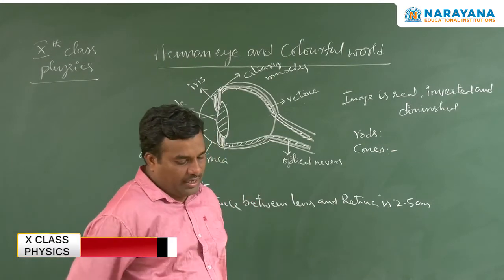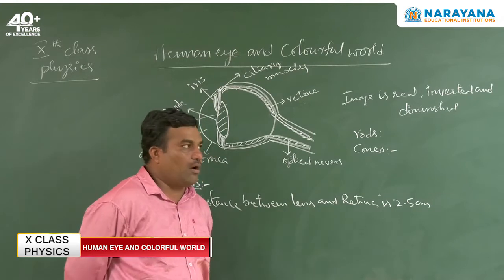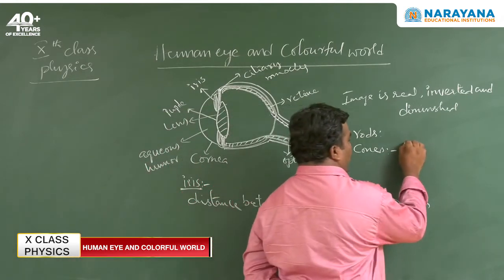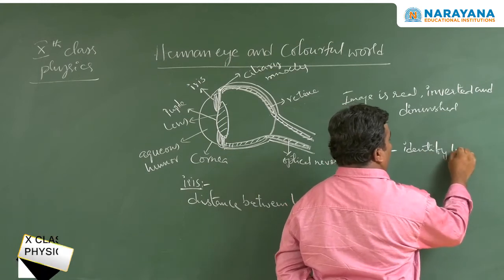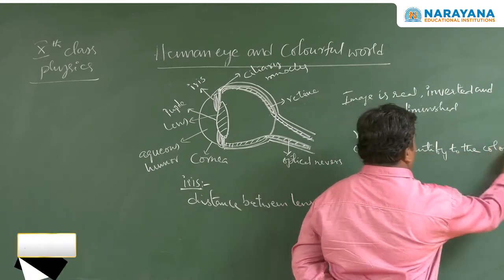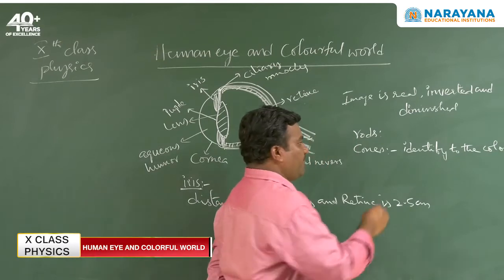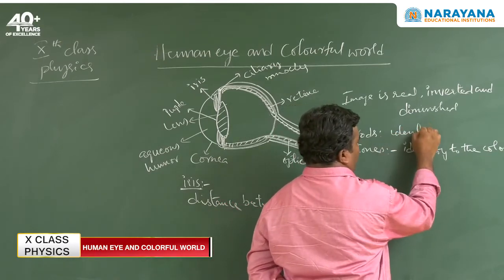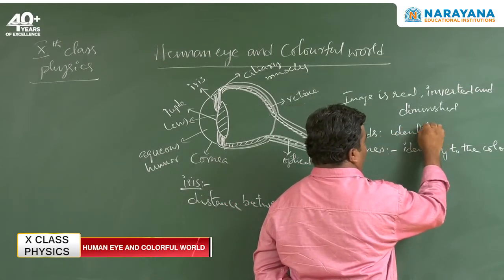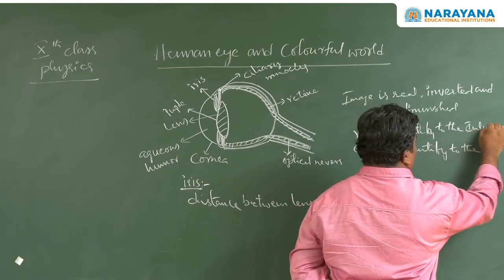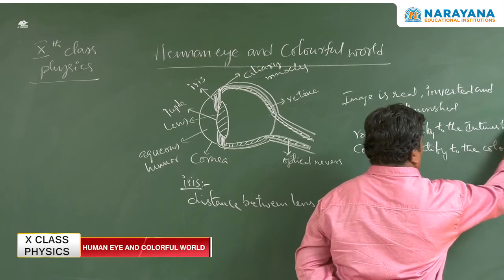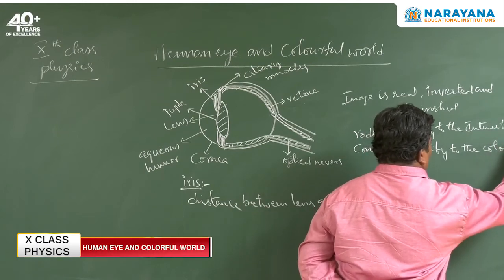Here we can observe that cones identify the color, and rods identify the intensity of light.